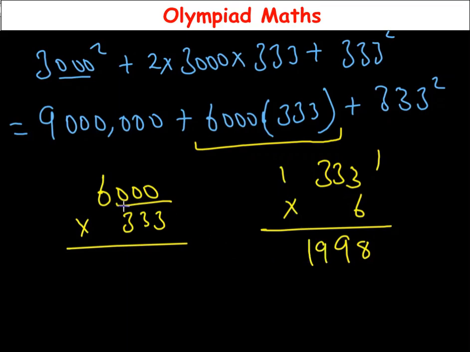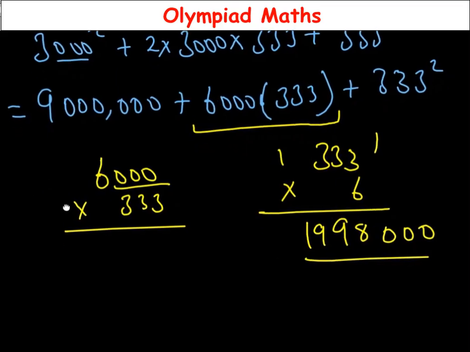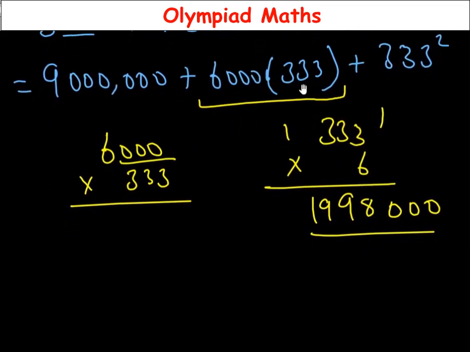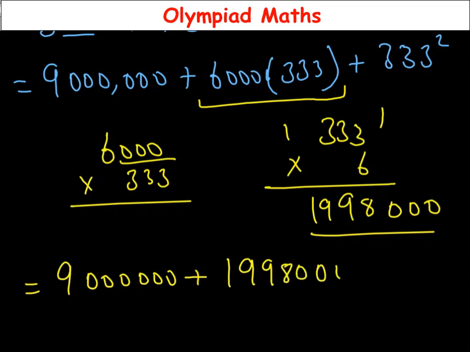So the value of 6000 times 333 is 1998000. Then plus we have 333 all squared.